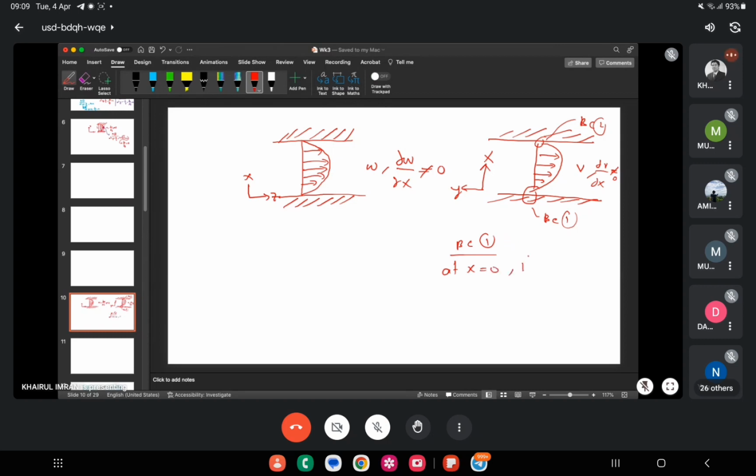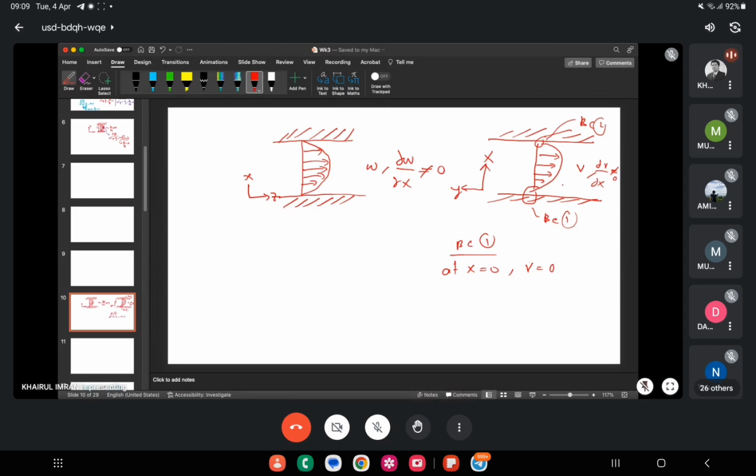V equals to negative V, sebab V arah sana. So V tu yang you kena terbalikkan, sebab Y direction arah kiri, sedangkan V arah kanan. Sorry, ni kosong lah sepatutnya. V sama kosong.